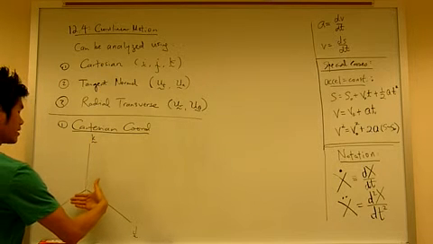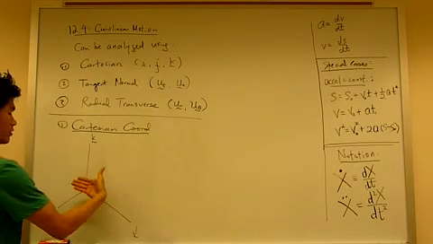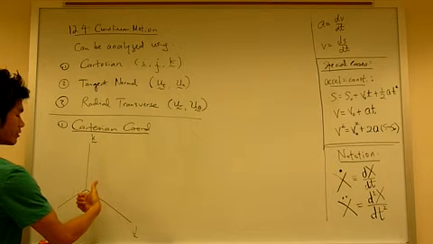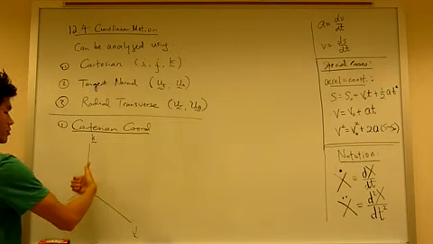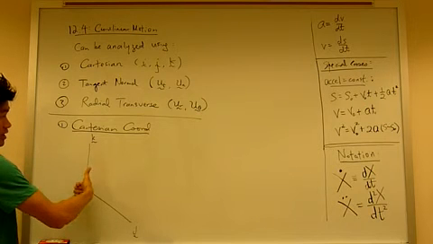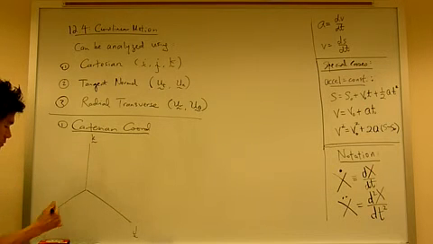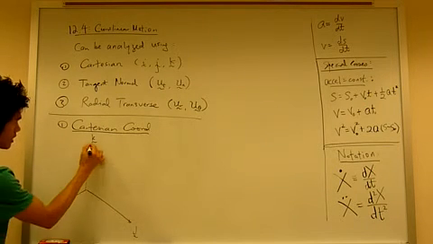Point your fingers along i, and wrap them around to the j direction, with your thumb facing in the k direction. So i, j, and k.